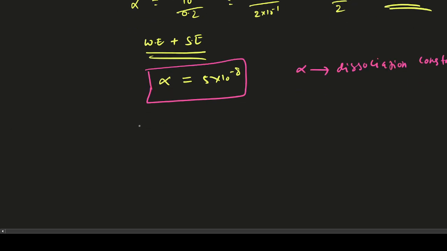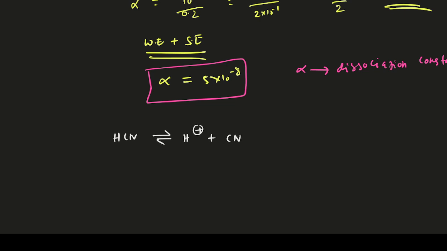So if we do not add the strong electrolyte, we have the weak electrolyte HCN, which dissociates into H+ and CN-.